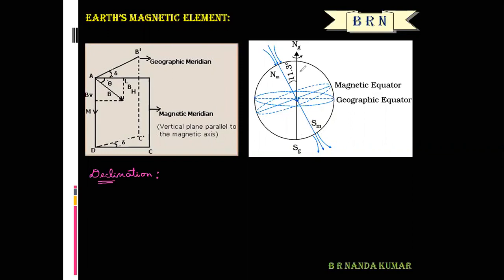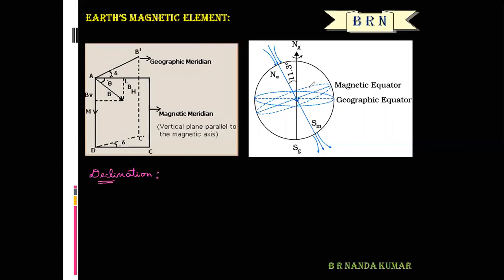The angle made by the magnetic axis and the geographic axis is 11.3 degrees. Okay, and this is the geographic equator, and this one is the magnetic equator.